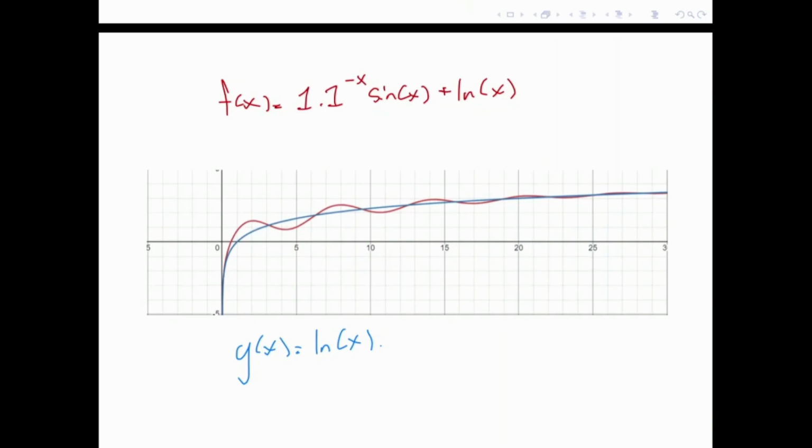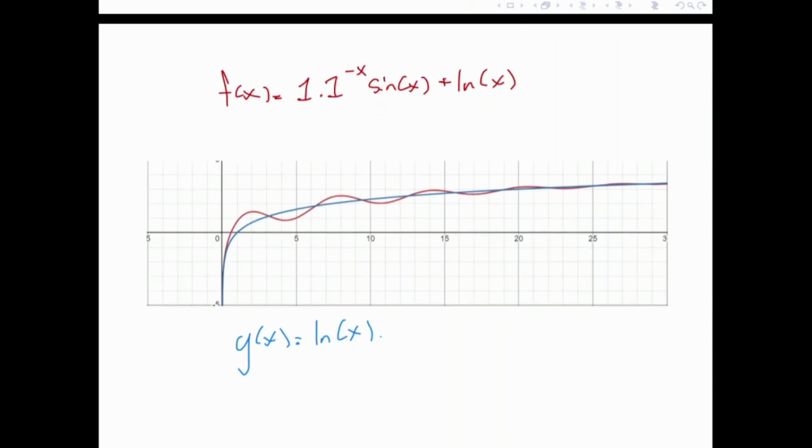And indeed, it looks like g of x is what we can call a logarithmic asymptote for f of x.